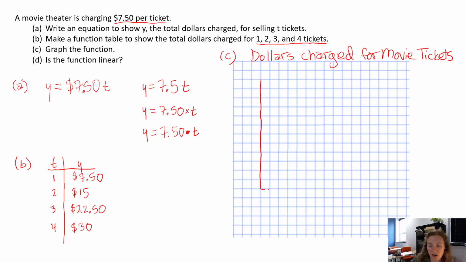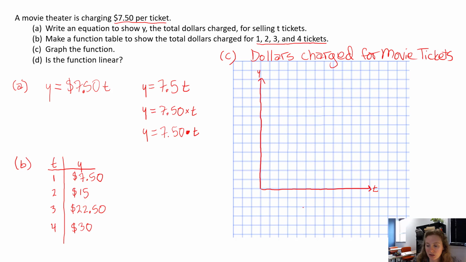Do my best to draw some somewhat straight lines. Maybe if you're working on paper, you could get out a ruler or use the edge of a book. And I'm going to label my axes with the variables. So the horizontal axis, the input axis here, is T. And the vertical axis, the output, is Y. And I'm also going to label them with a little phrase or description of what the numbers on the axis represent.